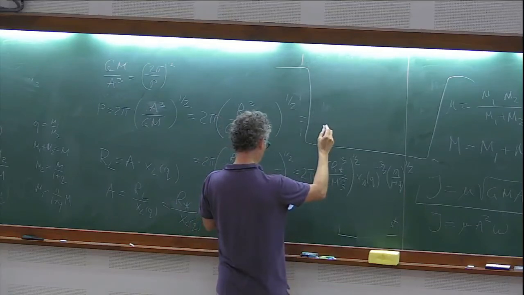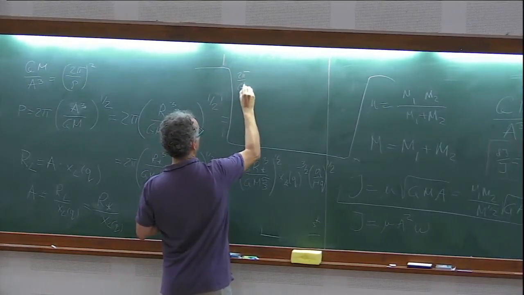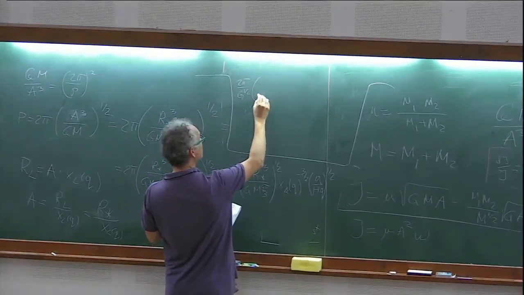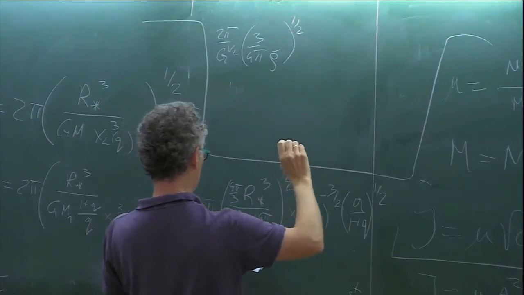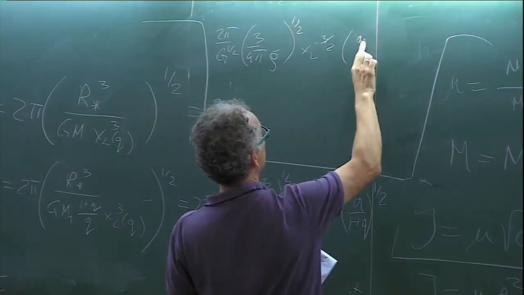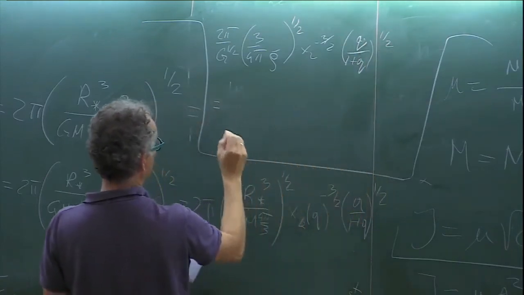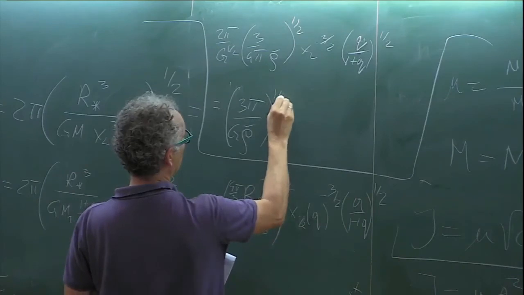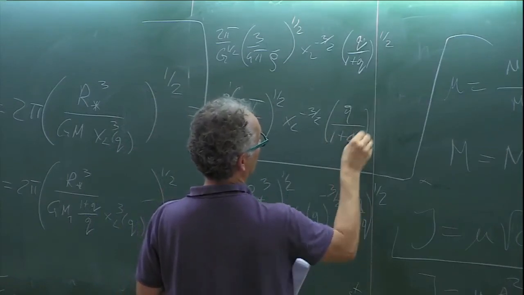So we have now 2 pi over G to the 1/2, then we have 3 over 4 pi rho star to the 1/2, XL to the minus 3/2, and then 1 over 1 plus Q to the half, and this is equal to 3 pi over G rho to the 1/2 times Q over 1 plus Q to the 1/2.